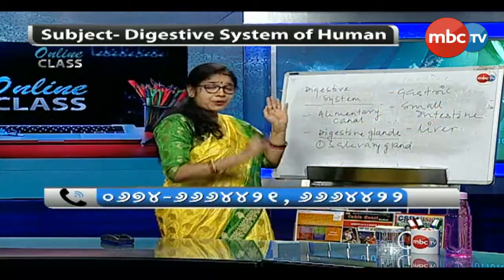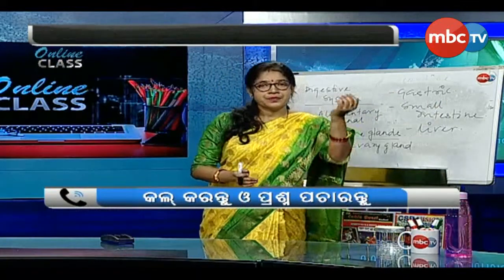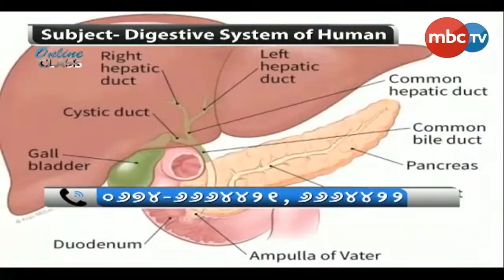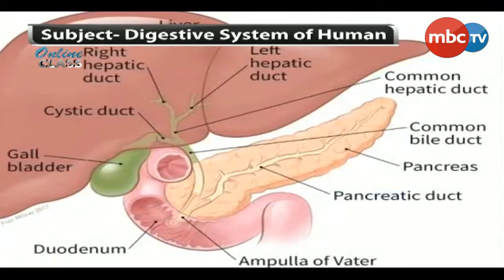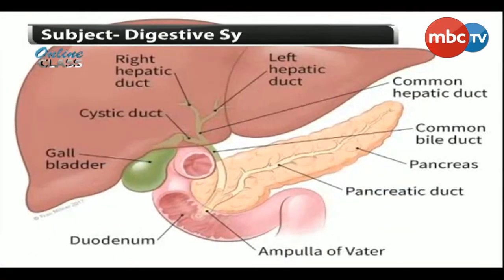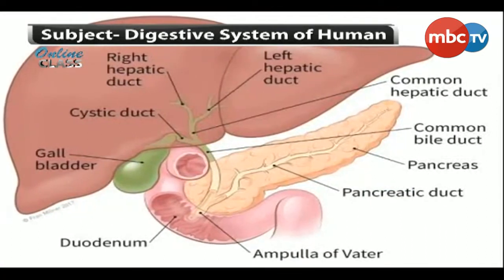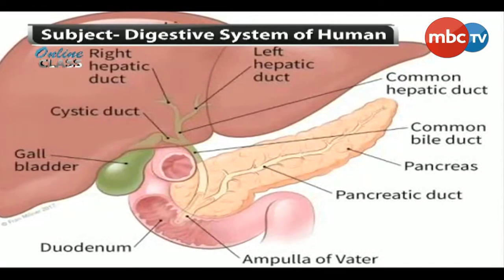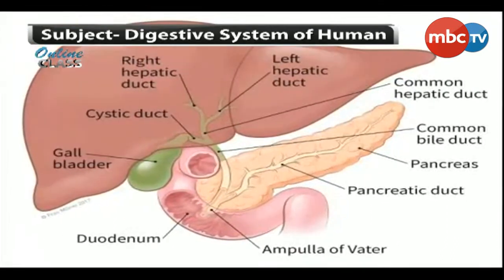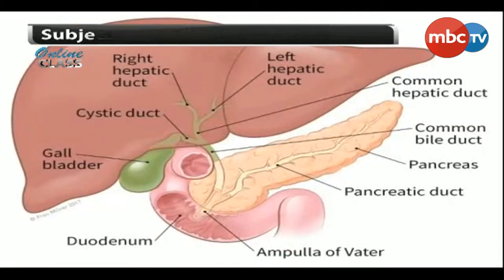From the left part of the liver, the duct which carries the secretion is the left hepatic duct, and from the right part of the liver, the duct is known as the right hepatic duct. The left and right hepatic ducts are responsible for carrying the bile.